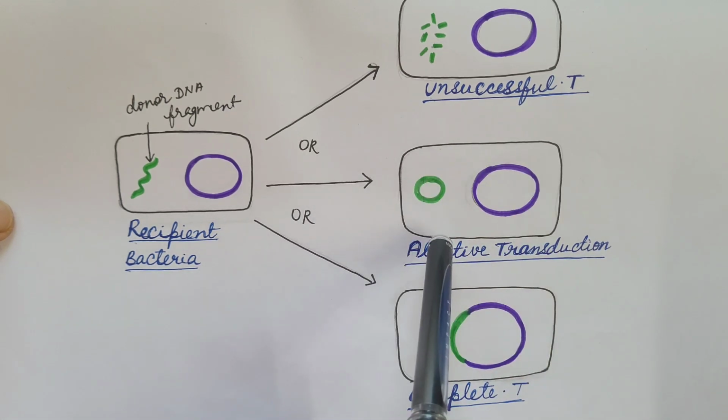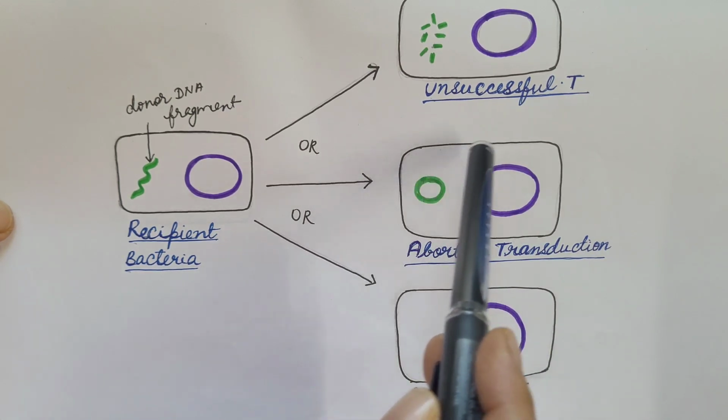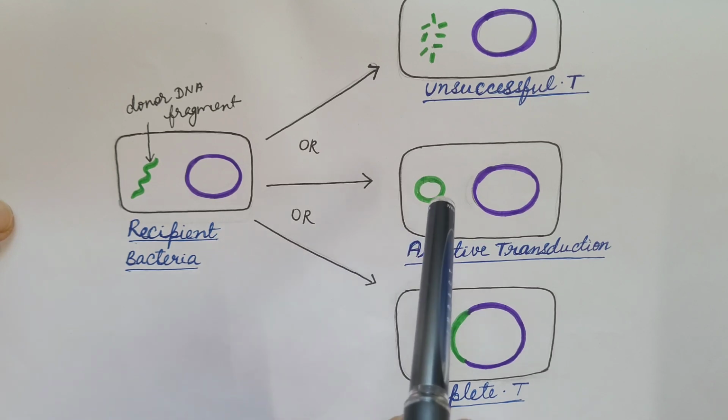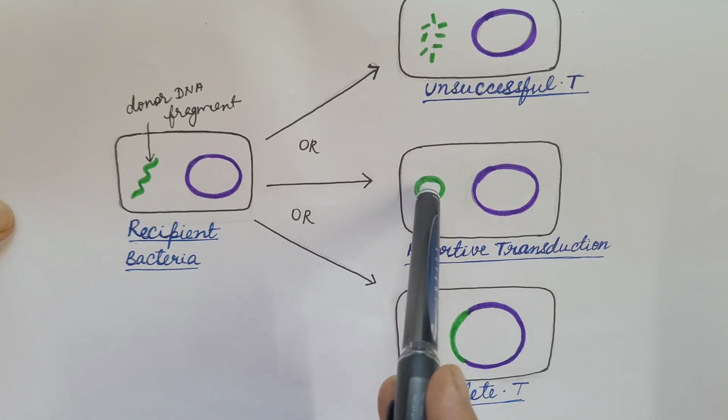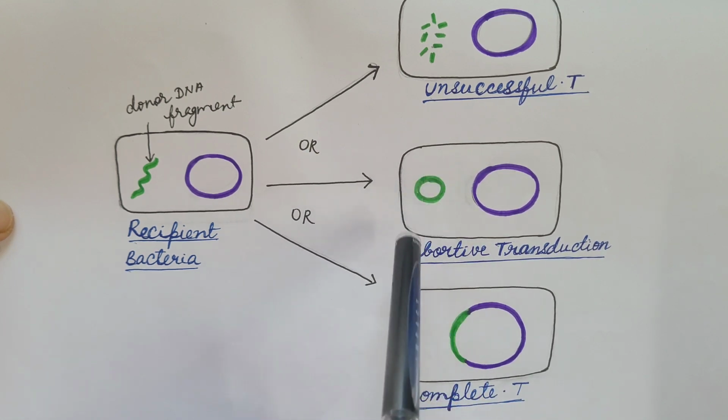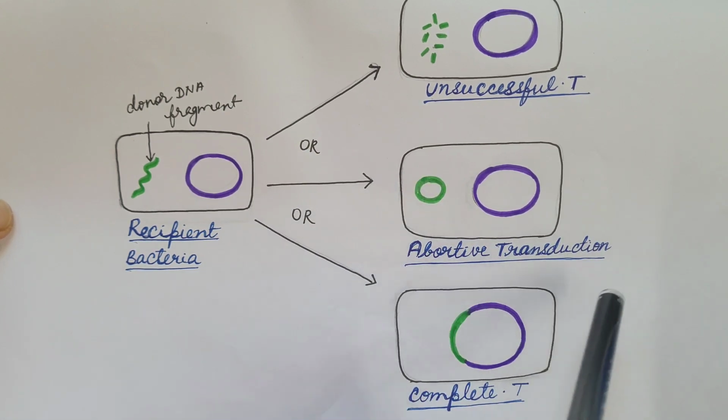A recombinant is not produced and among the bacterial progeny, only one progeny has this donor DNA fragment or plasmid. This is known as abortive transduction.